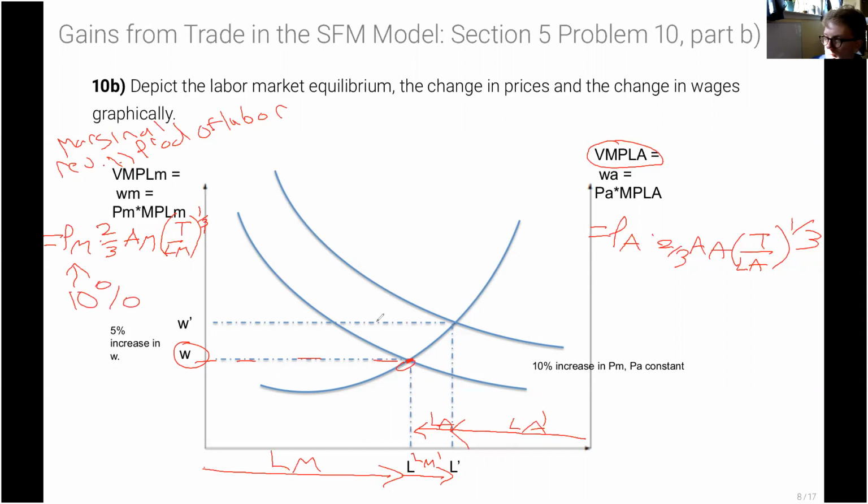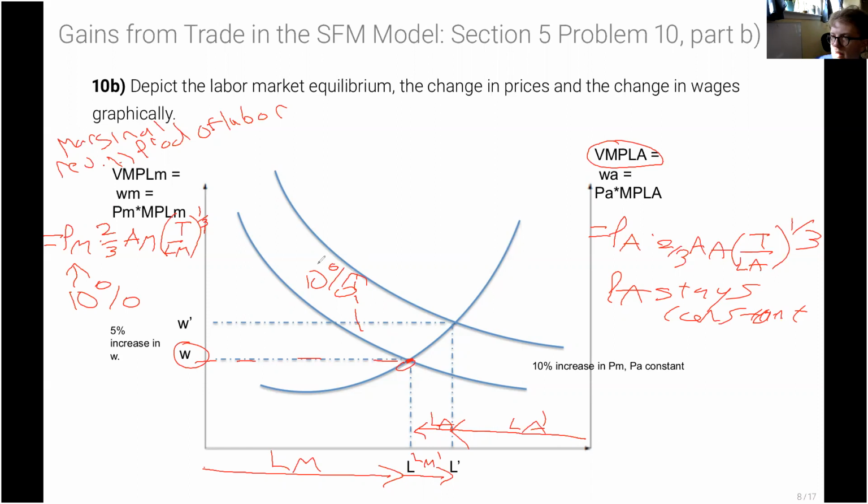So this is going to increase this curve by 10%. However, when we open up to trade, recall that PA stays constant. And so the marginal revenue product of labor in agriculture, this curve, doesn't change.